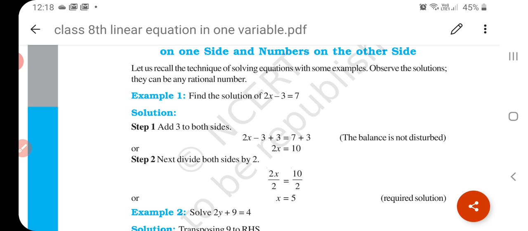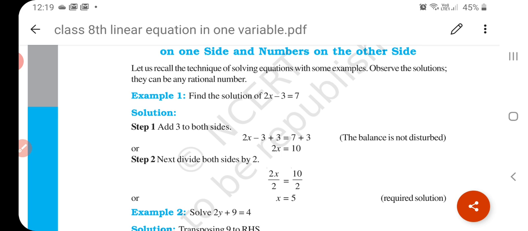What is the balance method? As the scale of a balance remains balanced if what is done on one pan is done on the other pan, similarly, in solving the equation, what is done on one side of the equation must be done on the other side in order to keep the equality.